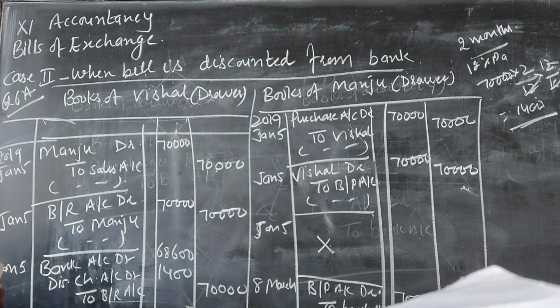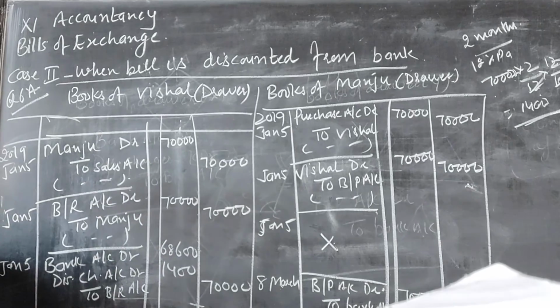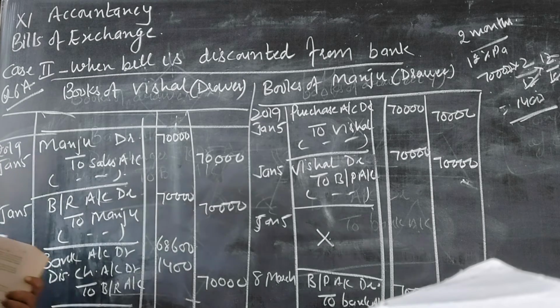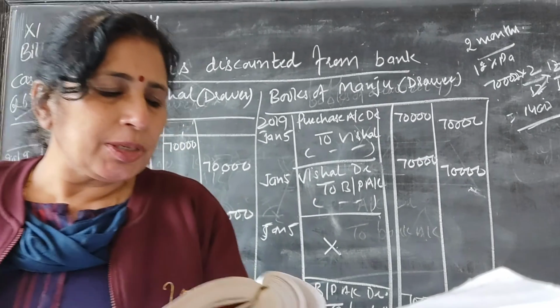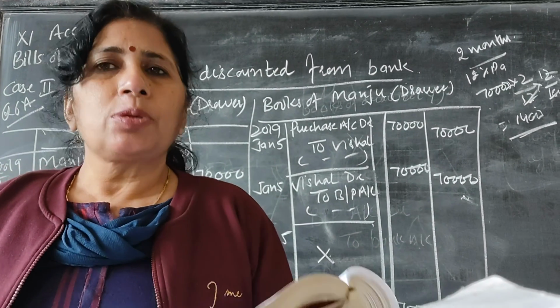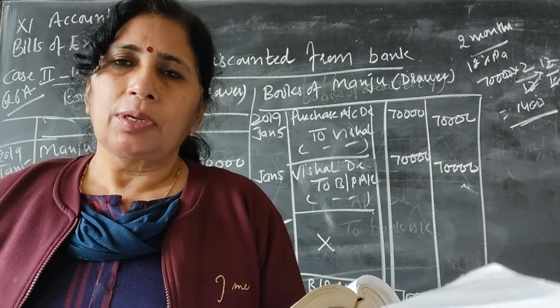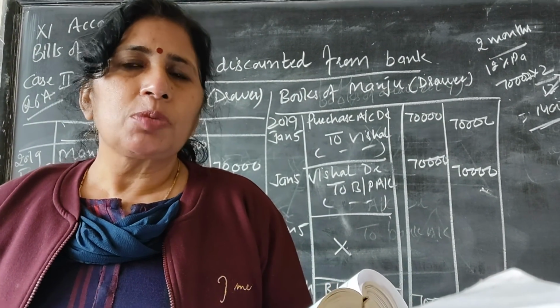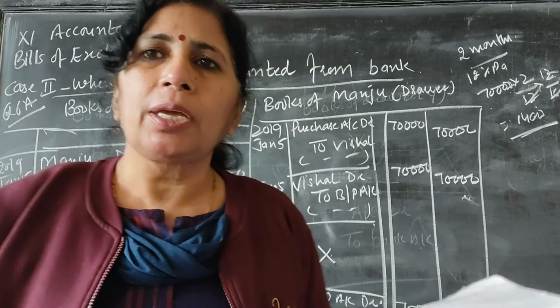But Vishal has taken the payment from the bank, so no entry in his books on March 8. This way we can solve this question, and the same is question number 6B also. Solve that question in your notebooks. Right children, in the next module I will send you the next method, that is endorsement of bill. Thank you children, thank you very much.